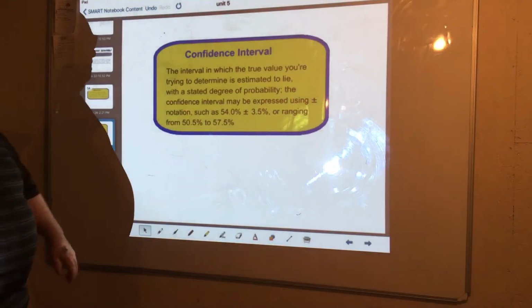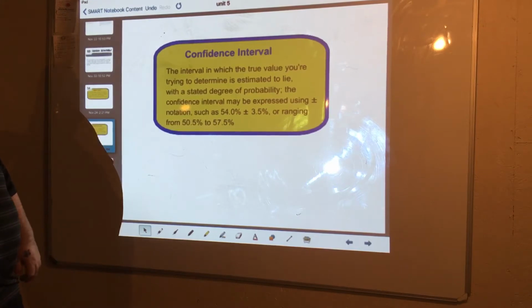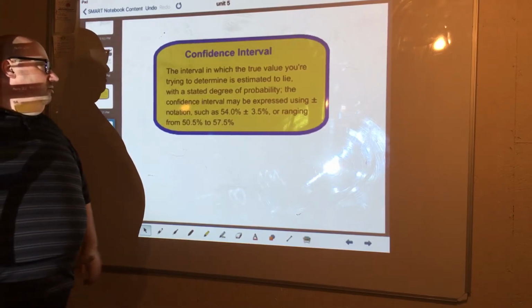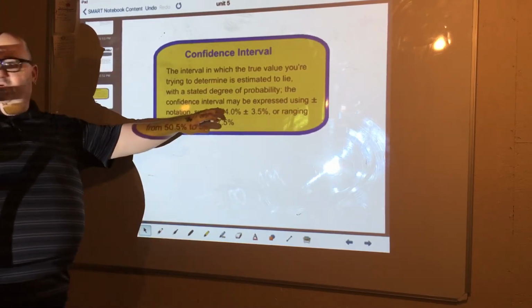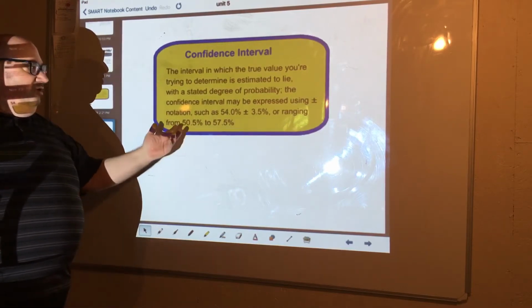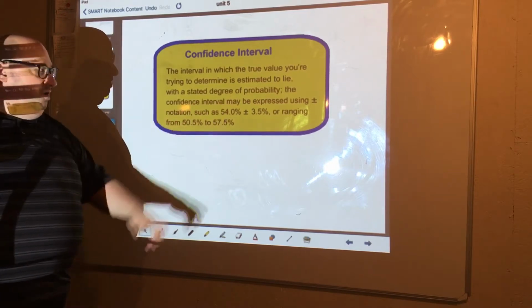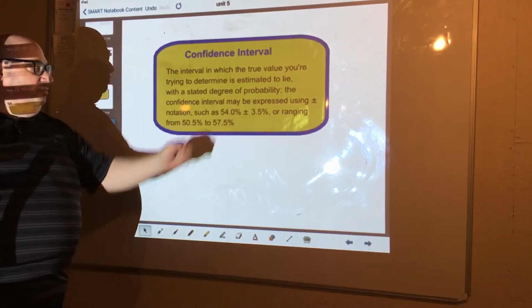What else do you need to know? Confidence interval: the interval in which the true value you're trying to determine is estimated to lie with a stated degree of possibility. The confidence interval will be expressed using plus or negative notation. So 54% plus or minus 3.5%, or in other words, ranging from 50.5%, that's 54 minus 3.5, to 57.5%, 54 plus 3.5.